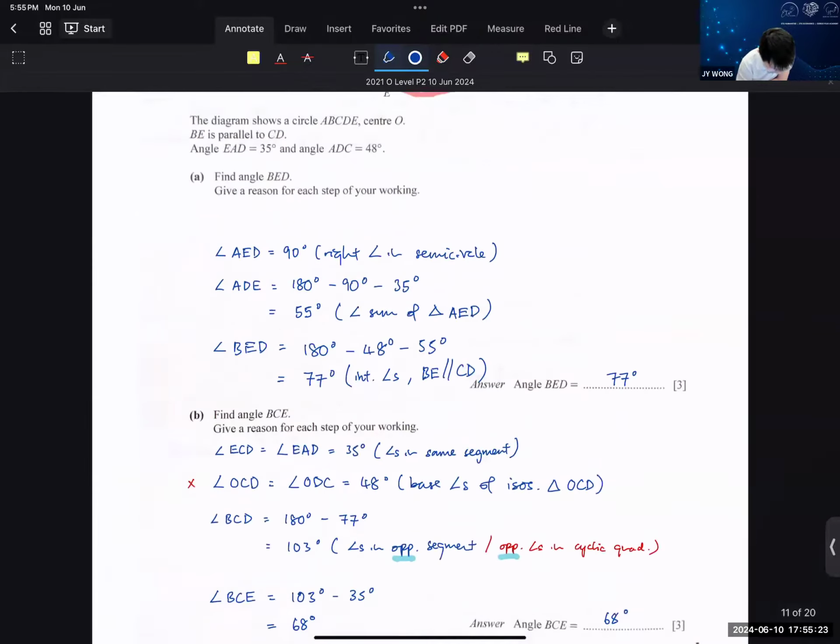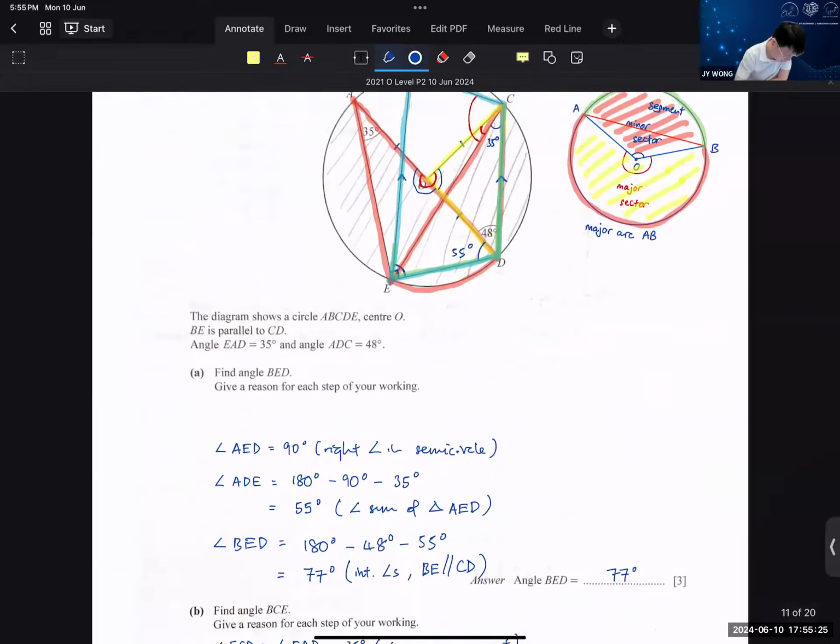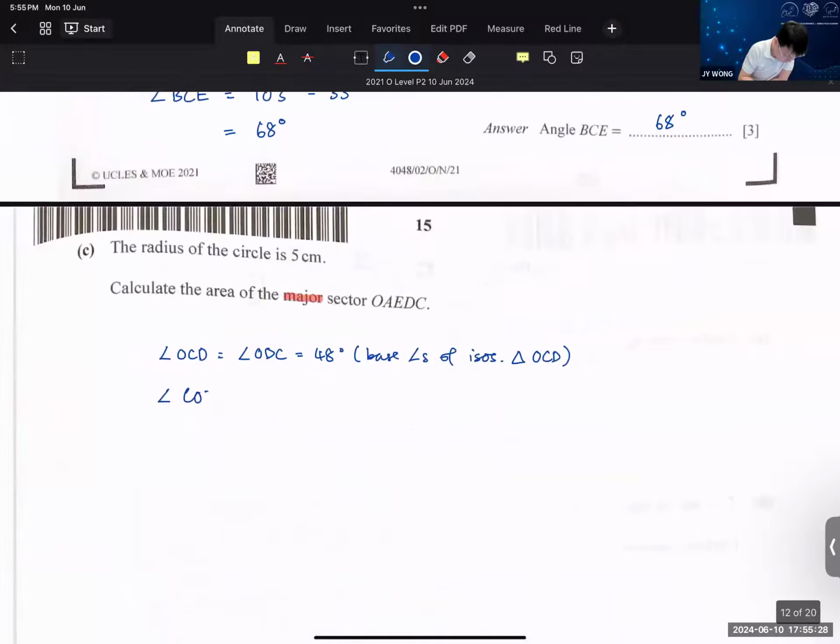The reason being I just want to find what is COD now. So angle COD is equal to 180 minus 48 times 2, to give me 84 degrees. This would be your angle sum of triangle OCD.